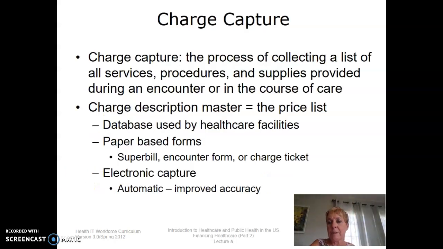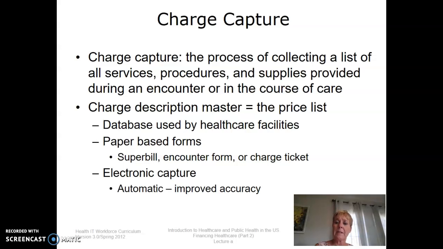Charge capture refers to the process of collecting a list of all services, procedures, and supplies during that encounter. The charge description master is the price list that they use to compile your bill, and that's also in a database. If it's paper, it's usually called an encounter form. That's the most common term.